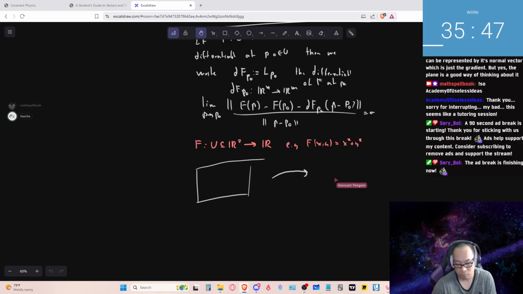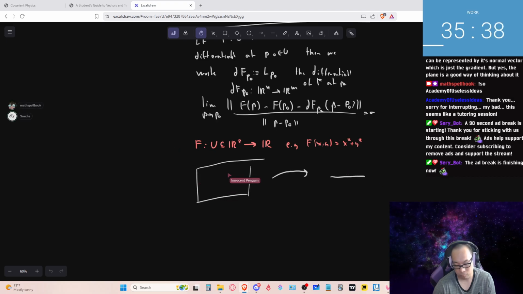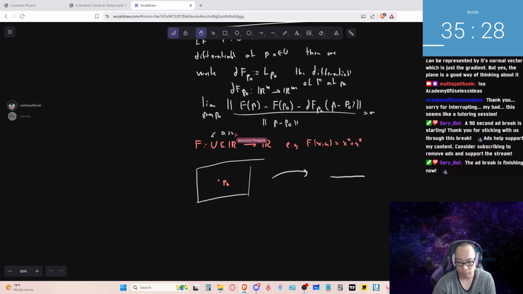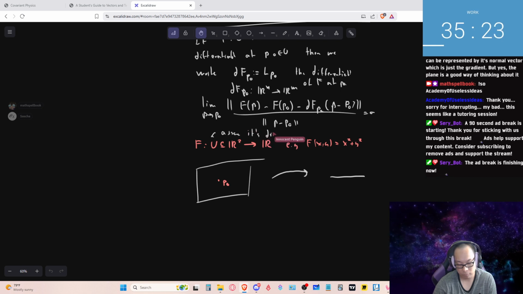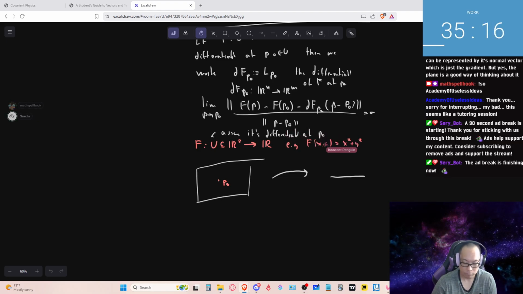In general, it's going to be something like that: we have the plane here, and we map to a line. So let's pick a point P0. Also we're going to assume that this is differentiable at P0. P0 is just a point inside of U as usual.